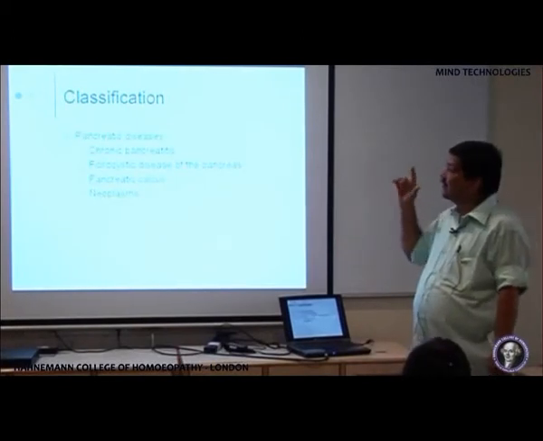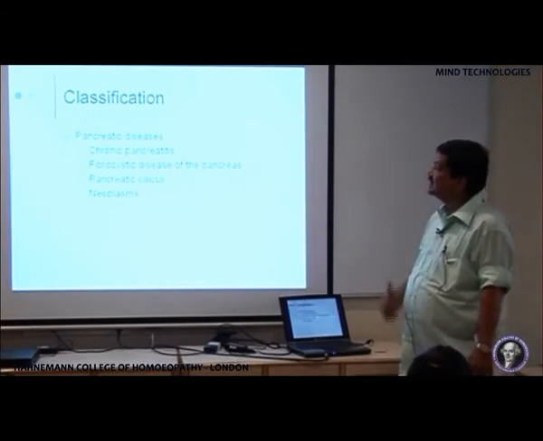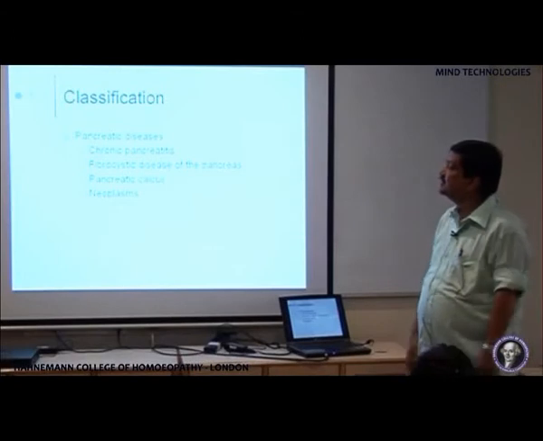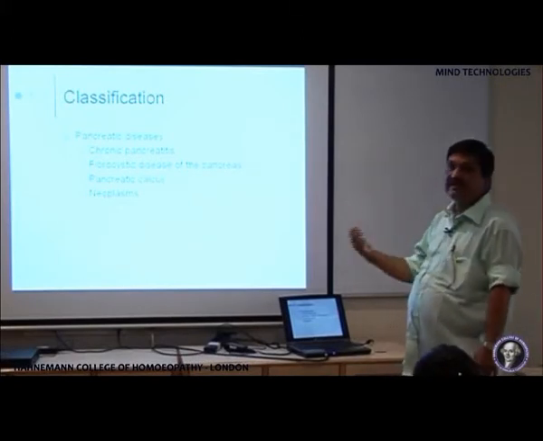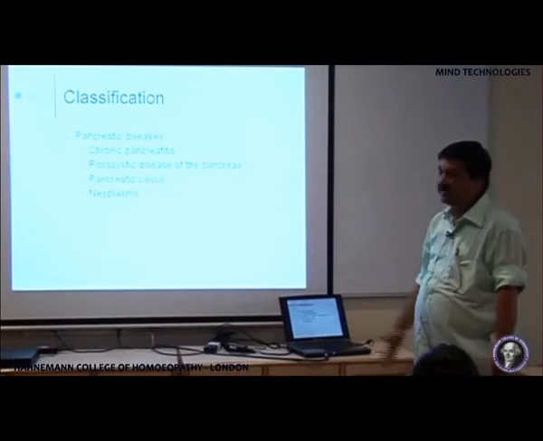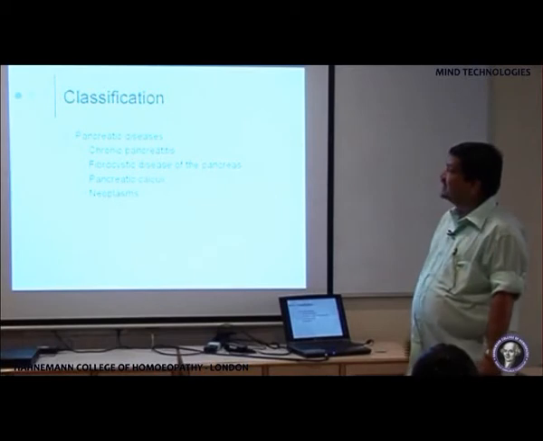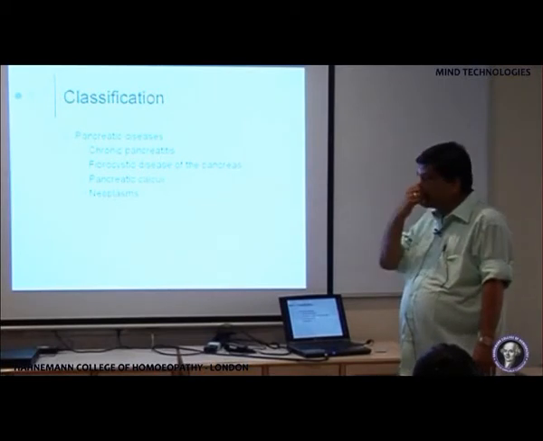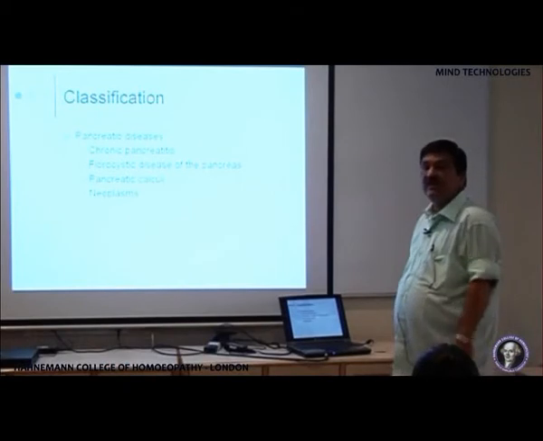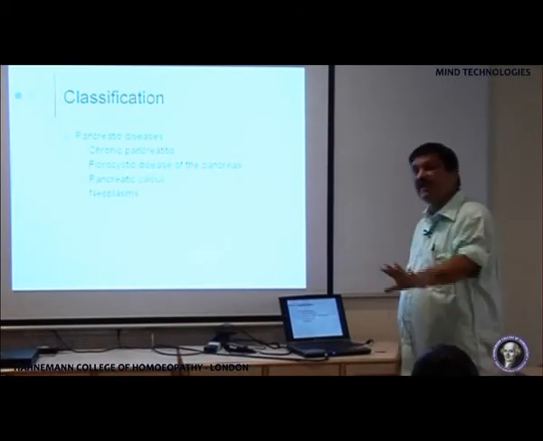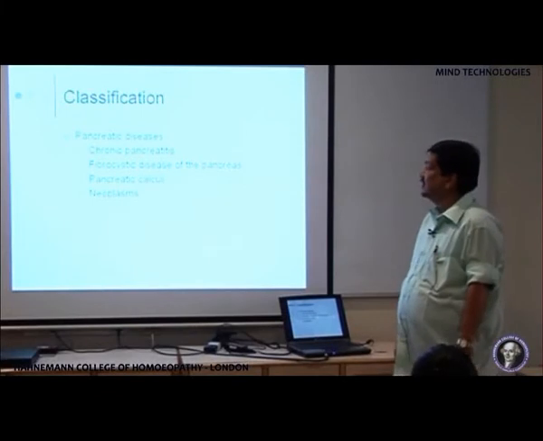The next causes of diabetes are usually secondary diabetes, meaning there is some other disease and diabetes is caused because of that disease. Pancreatic diseases can give rise to diabetes. In this we have chronic pancreatitis, or chronic inflammation of the pancreas, which causes destruction of the exocrine as well as endocrine part of the pancreas and gives rise to decreased insulin production and diabetes.